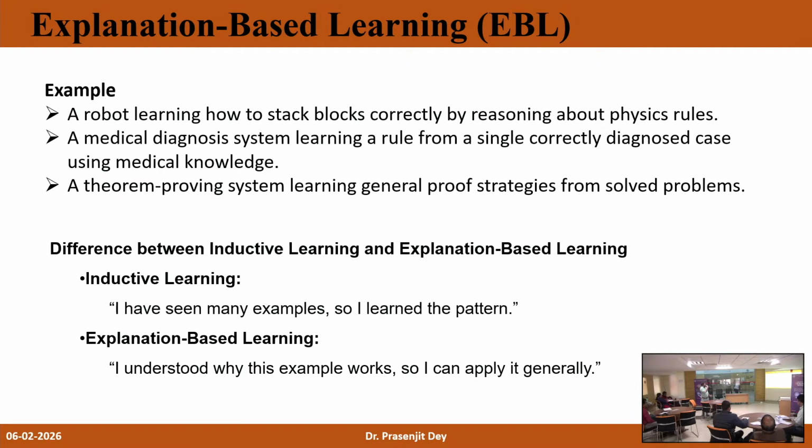Another example of where it can be used is a robot learning how to stack blocks correctly by reasoning about the physics rules. There is an absolute way of stacking all the blocks. There is no uncertainty, there is definitely a unique solution.